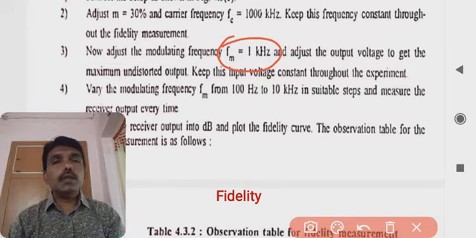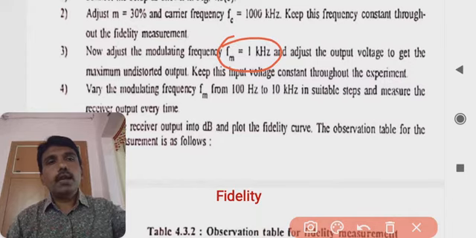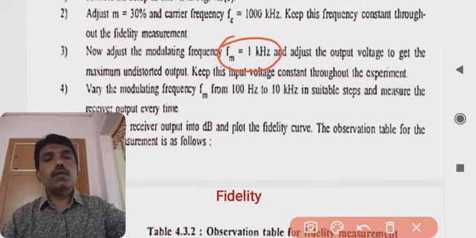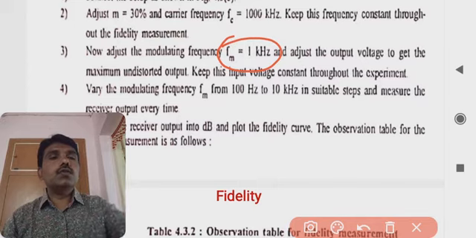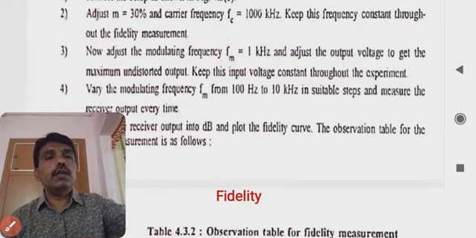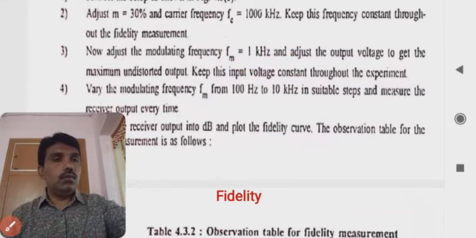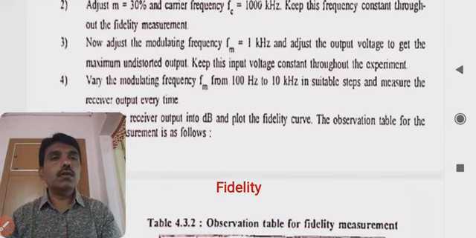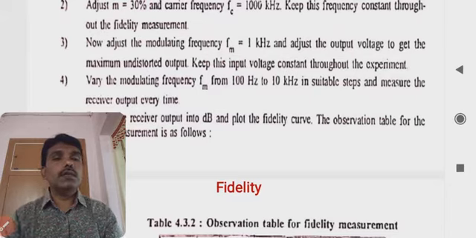This is the same part we have seen in the selectivity and sensitivity parts. Again, the modulating frequency fm should be 1 kilohertz, with the output voltage adjusted for maximum undistorted output, and whatever we are performing, we have to keep it constant.